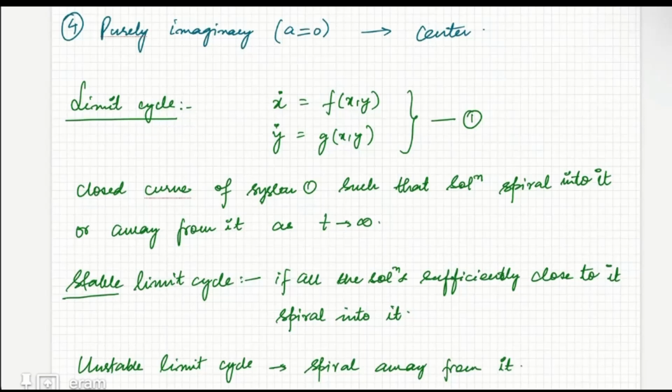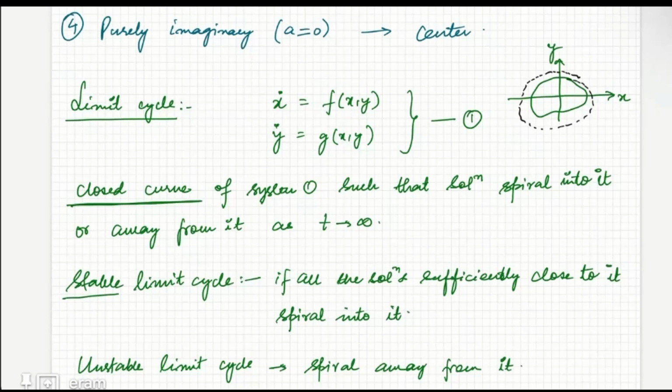A limit cycle is basically a closed curve in the phase plane, with x and y axes. If any solution starts nearby that closed curve, then the limit cycle will be stable if the solution spirals into it and stays on it.